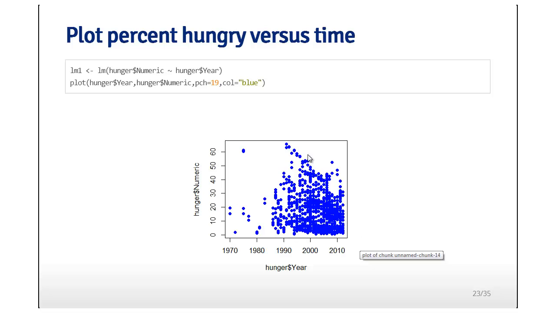Okay, so let's plot the percent of the population that's hungry versus time, starting at 1970, where the start of the data set was. So it's hunger year versus hunger star numeric, which is, I guess, percent hungry. And there's your plot.